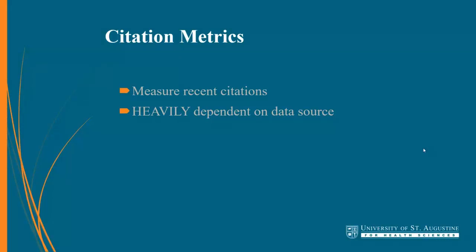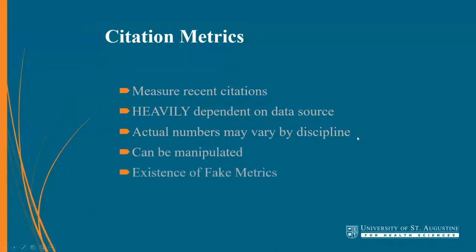So you might have a journal with 500 citations in a journal that's not included in that data set, and it won't be counted. So again, part of that black box is dependent on what journals they're looking to when they're counting citations. I already mentioned how those numbers can vary by discipline and how they can be manipulated.